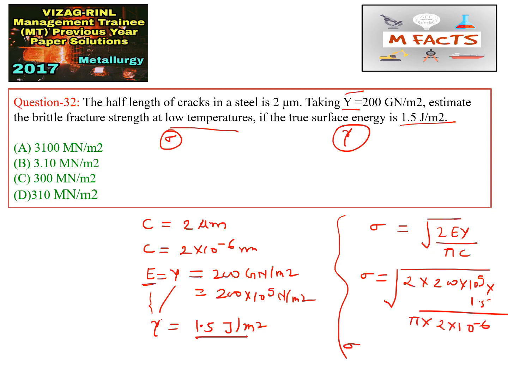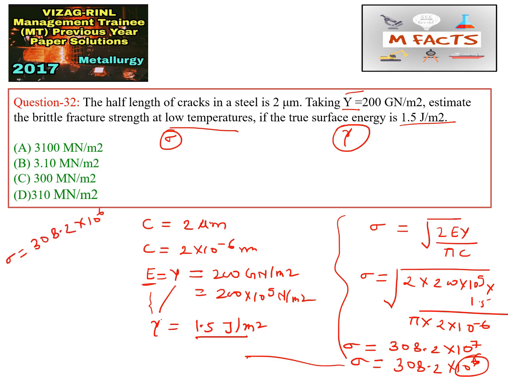What we get is 308.2 something into 10 to the power 7, so this sigma value is 308.2 into 10 to the power 6. The unit for this is now newton per meter square.